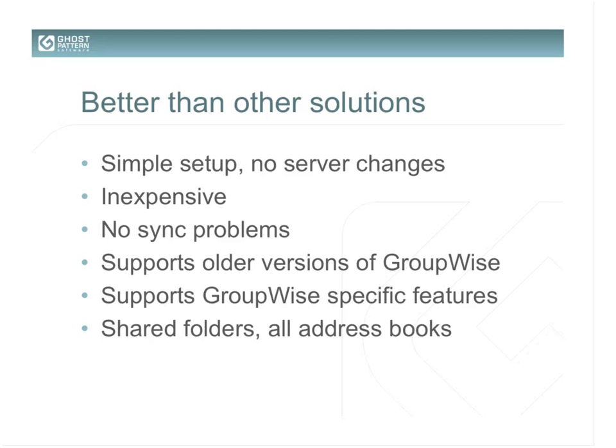They're just a one-time purchase, and even notifications are pretty inexpensive. You don't end up with sync problems because the app is talking to GroupWise Web Access, which is talking directly to the user's POA. The email is either going to show up or it's not, because it's not on the POA. So you never end up questioning whether or not things are working properly.